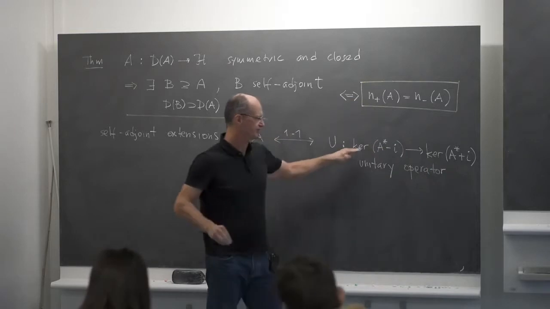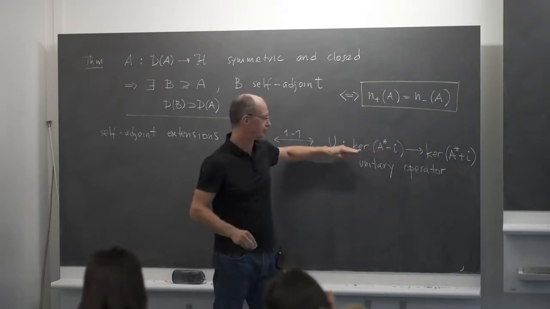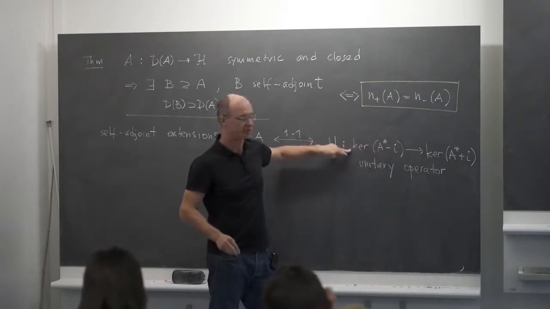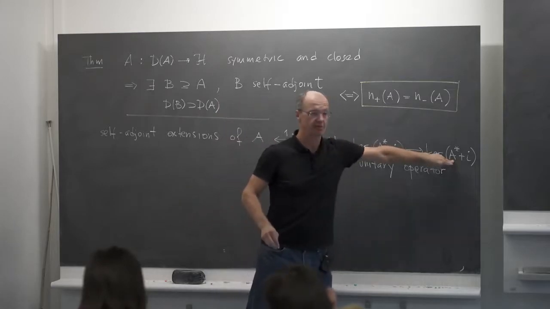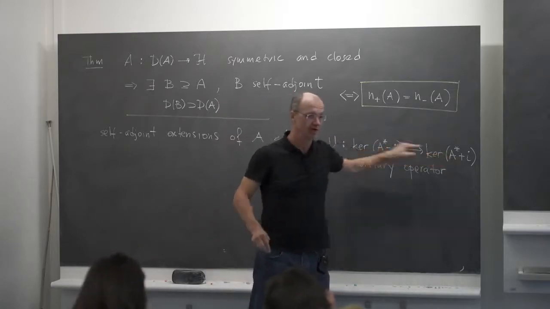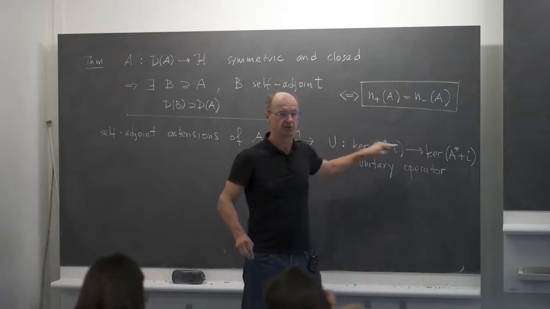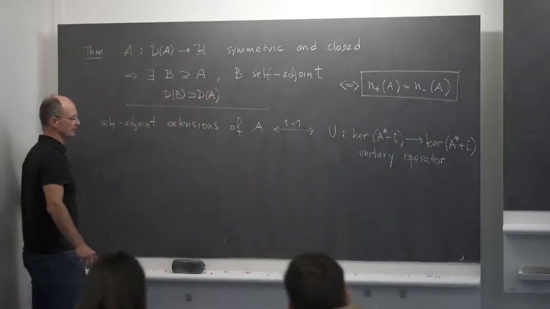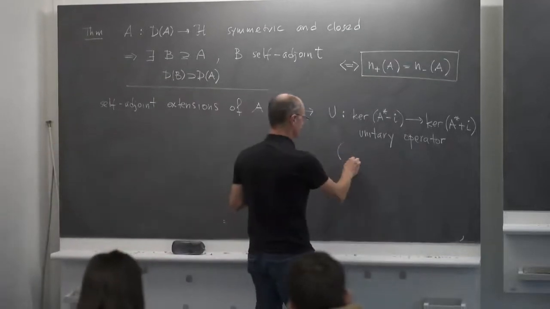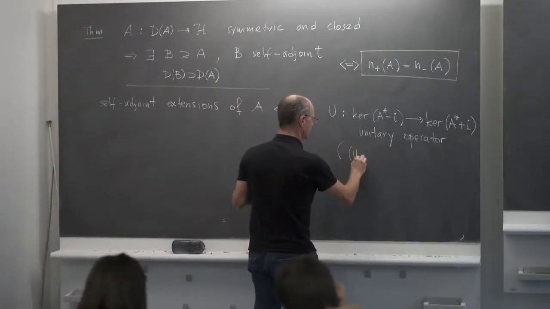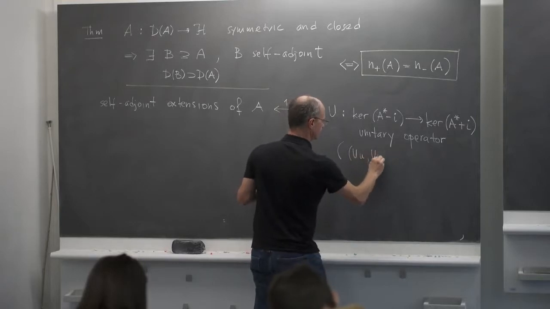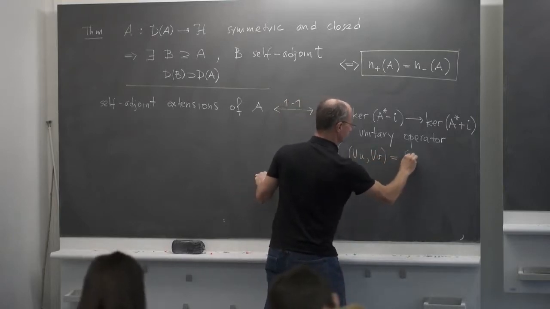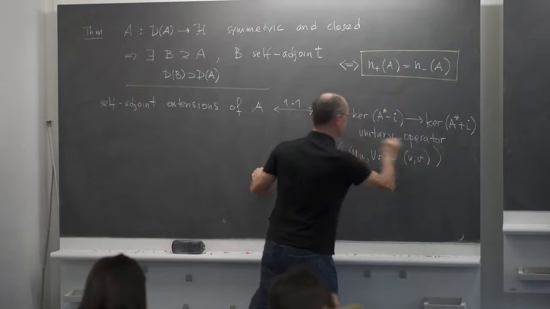So it preserves the Hermitian product. So this space has a restriction of the Hermitian product of H, that space as well, and so the map should preserve the Hermitian product. So maybe I should write it: (Uu, Uv) is equal to (u, v).